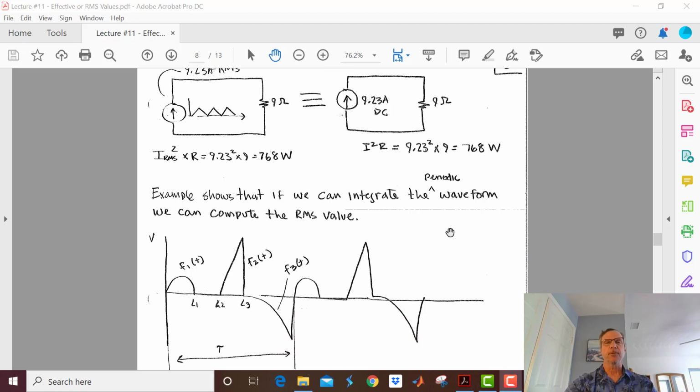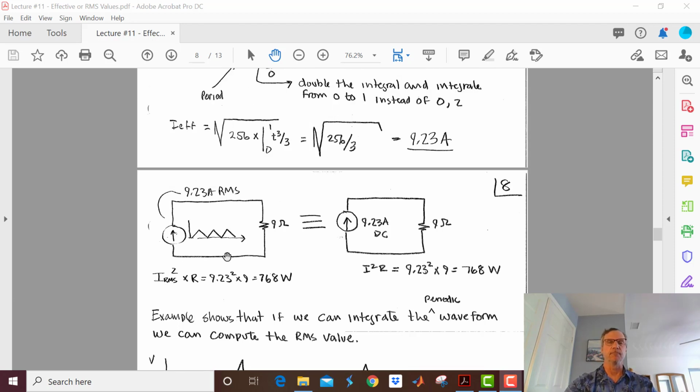So what that example showed, our triangle-y waveform here, is that if we can integrate the periodic waveform, we can compute the RMS value. And we don't have to always do the integration in closed form. We've got lots of tools that'll do integrations of crazy waveforms for us.